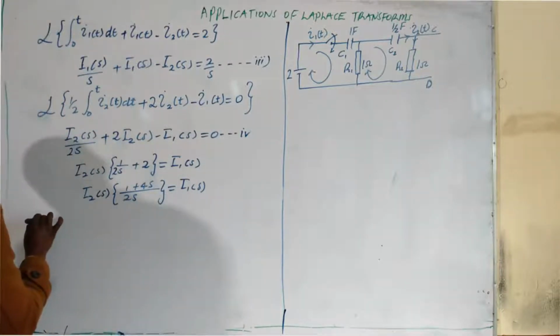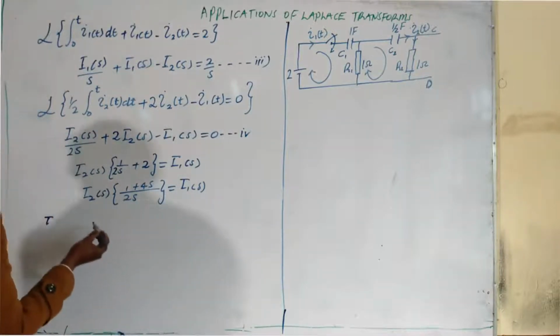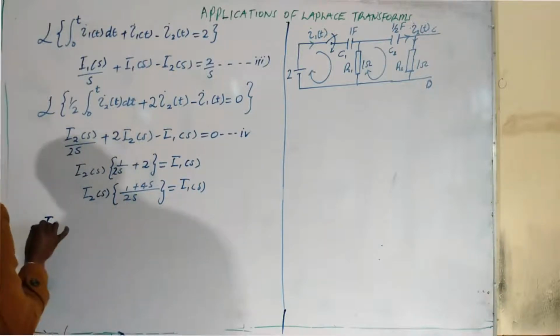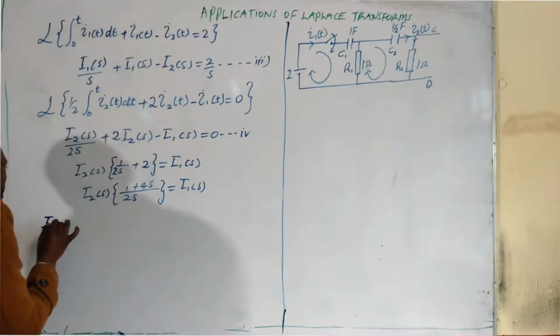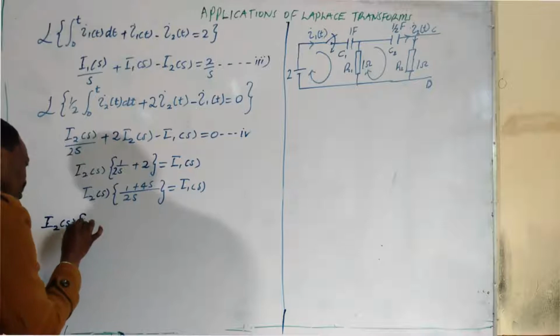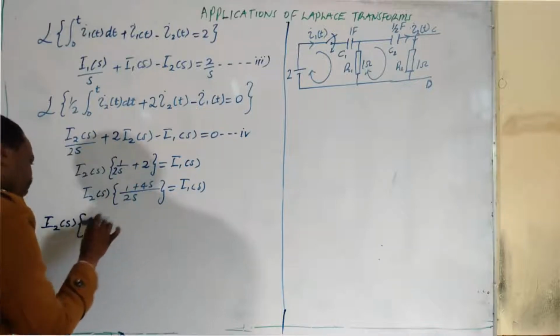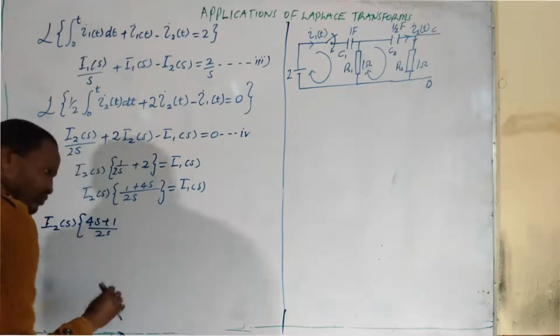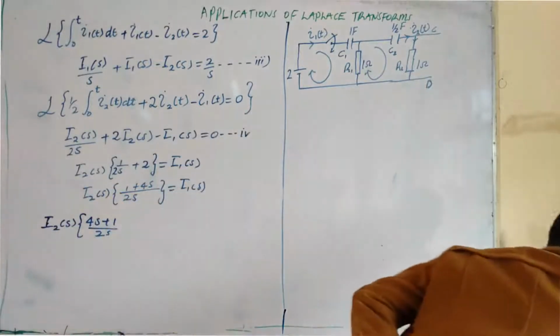I1(s) should now be equal to I2(s) times this. So it will be I2(s) times 4 over s plus 1 over 2s, over 2s.